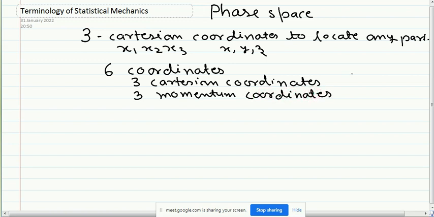So three Cartesian coordinates means again x, y and z, and three momentum coordinates means px, py and pz.